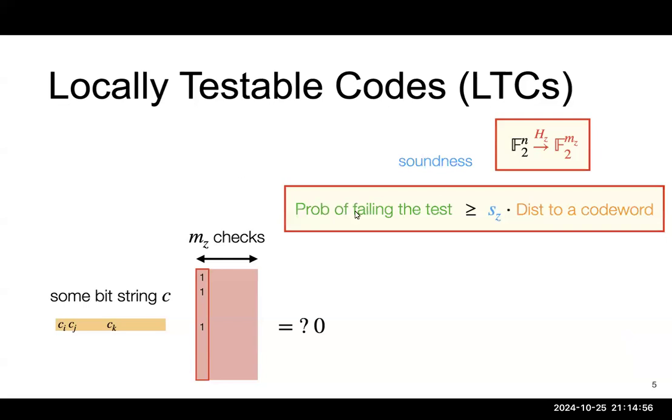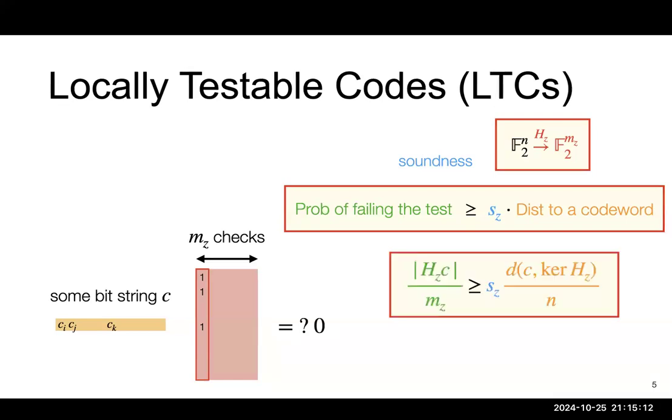In particular, we want an inequality of the following form: the probability of failing the test should bound the distance to the code word. This ratio is known as the soundness, which is the fifth parameter. More formally, you can write it in this form. That's the mathematical expression.